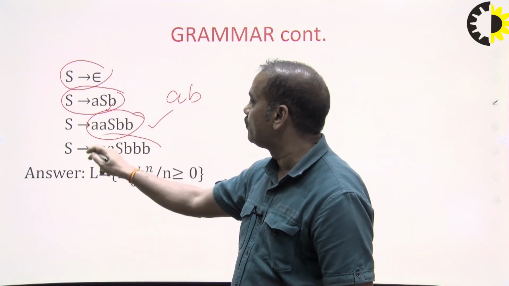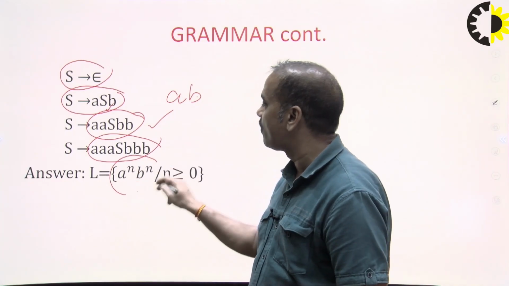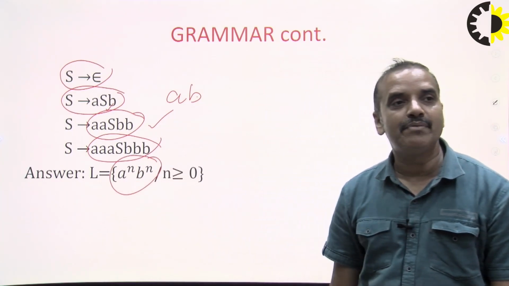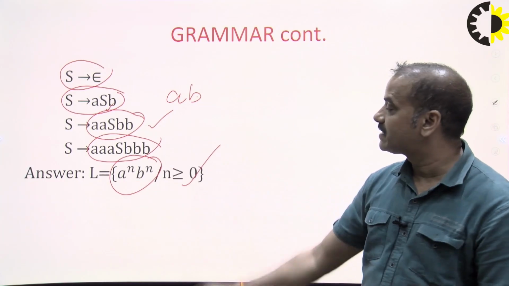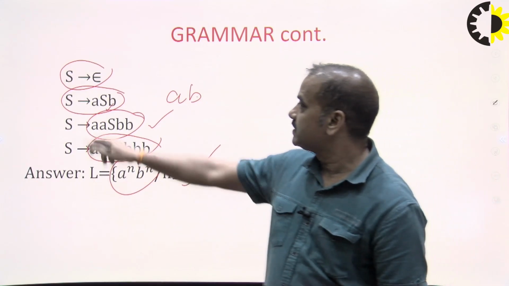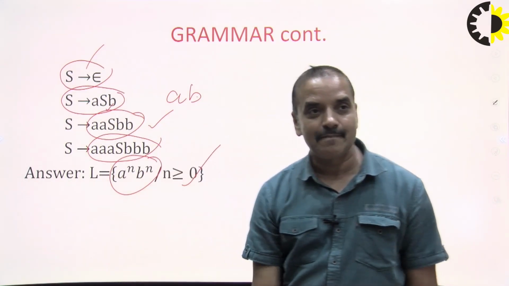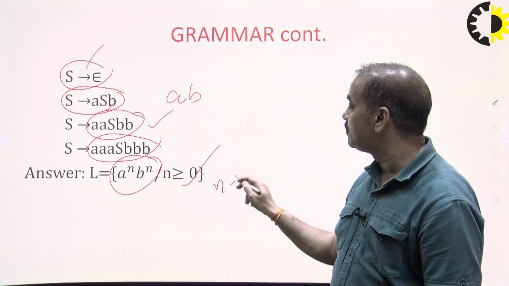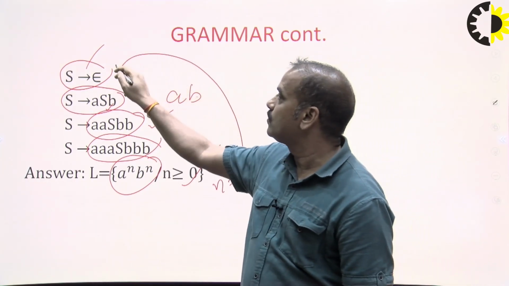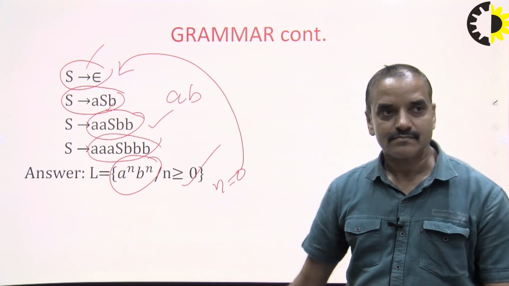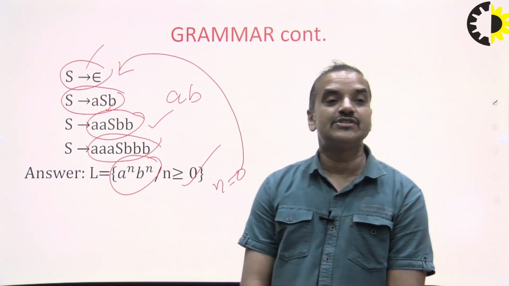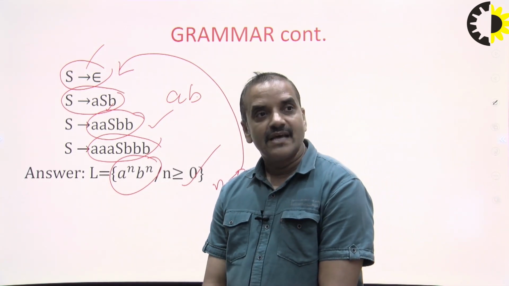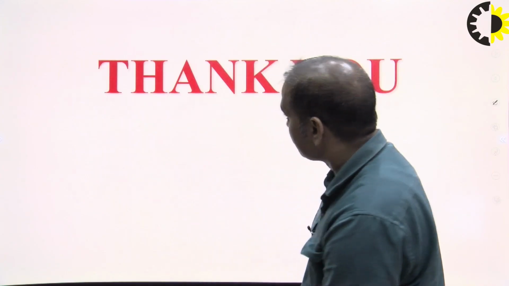Like this, we derive a sequence of the form A power n, B power n, where n is greater than or equal to 0, because the first production derives null when we put n equal to 0. This is the first question, used to generate the language for the given grammar.